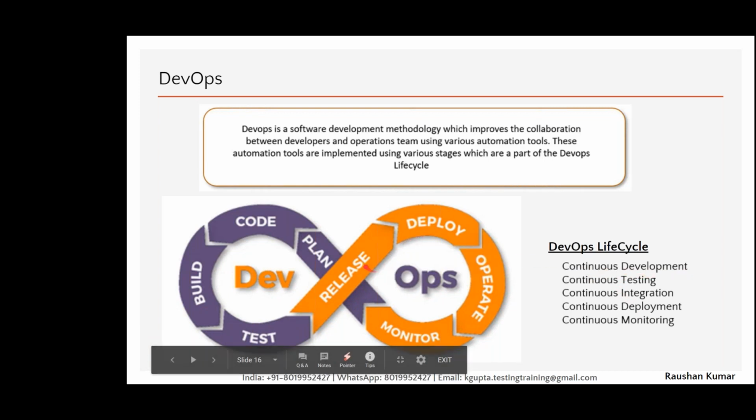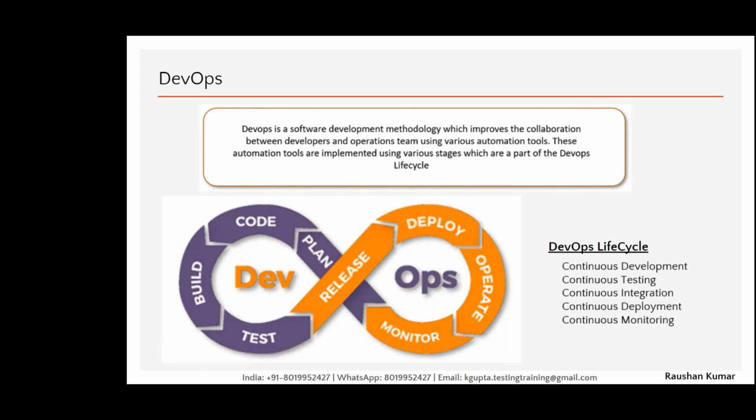Okay, so this entire DevOps life cycle is divided into 5 phases. That's called the DevOps life cycle. So what is DevOps? It's a software development methodology, like we have waterfall, then we have agile, and now we're talking about DevOps.